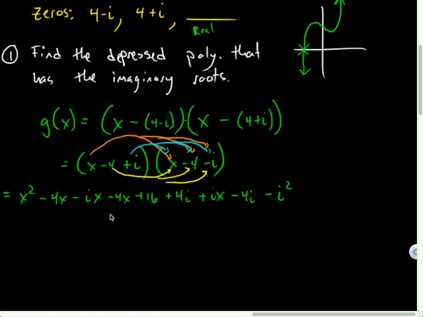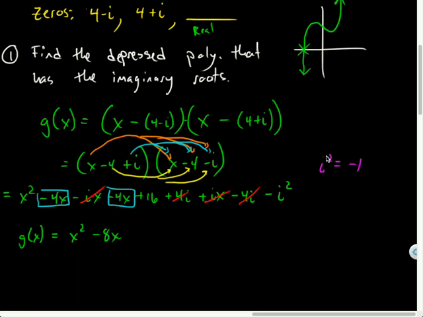So let's see. What cancels out? Negative 4i and positive 4i. And then I can combine some like terms where I've got negative 4x and negative 4x. So I'll have g of x equals x squared minus 8x. And then, does anyone know what we could do with this I squared?